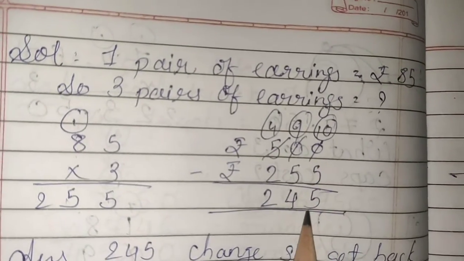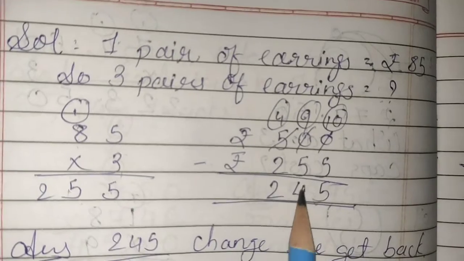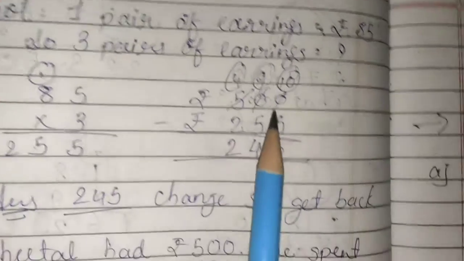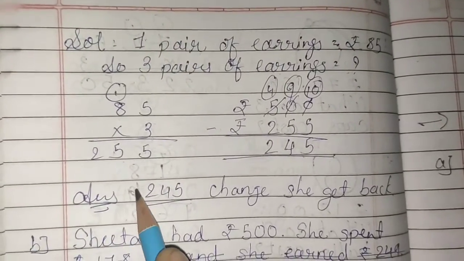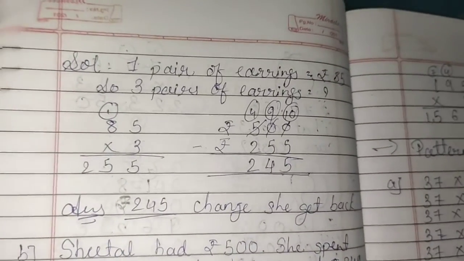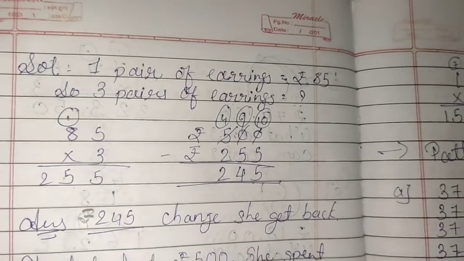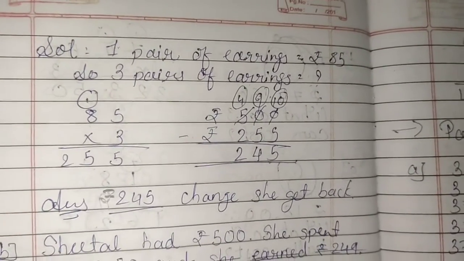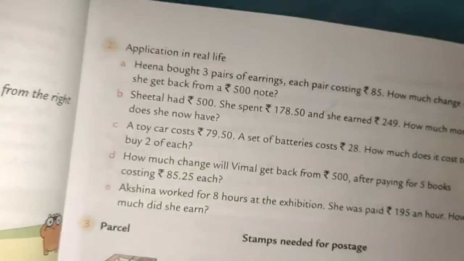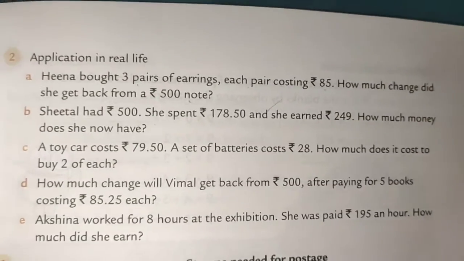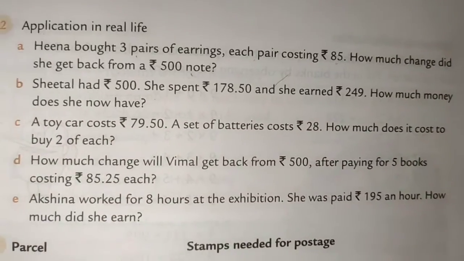So 10 minus 5 is 5, 9 minus 5 is 4, 4 minus 2 is 2. So rupees 245 change she gets back. Okay, understood? Yes.